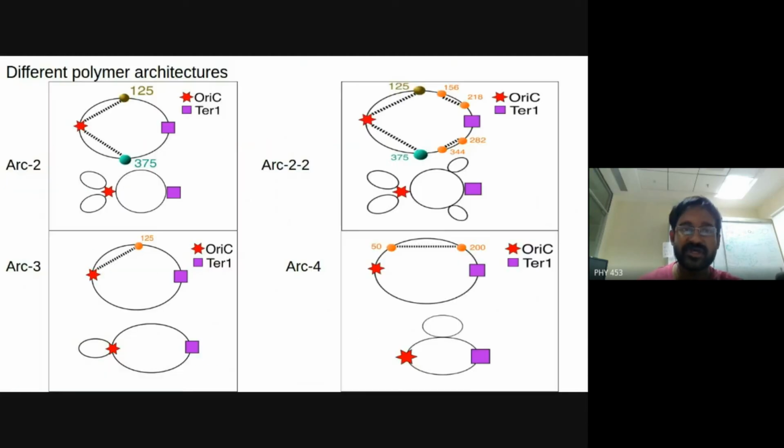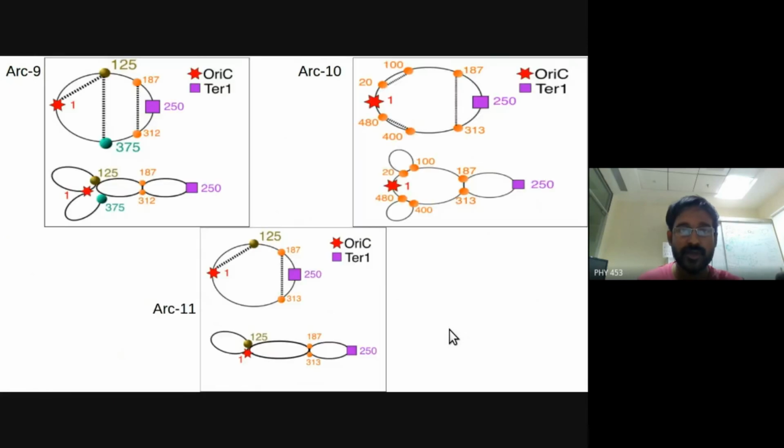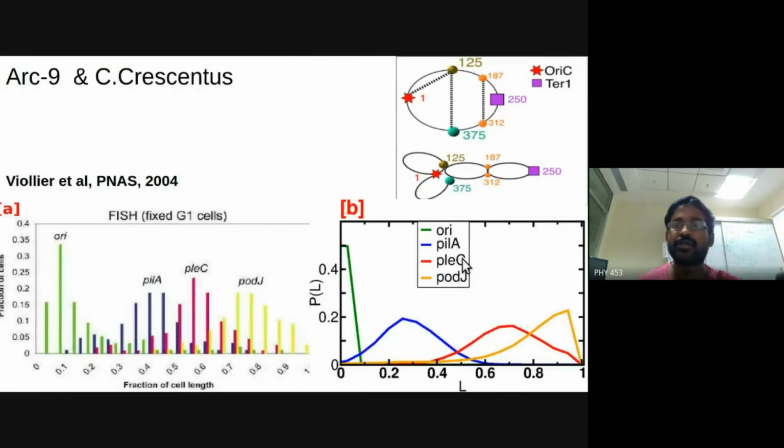To answer these questions, we have done a detailed investigative study using 12 different architectures, and these architectures could have a linear looped arrangement or a side looped arrangement. And we found out that one of the investigated polymer architectures, the so-called ARC9, shows a striking resemblance to the localization data for the C. crescentus bacterial chromosome.